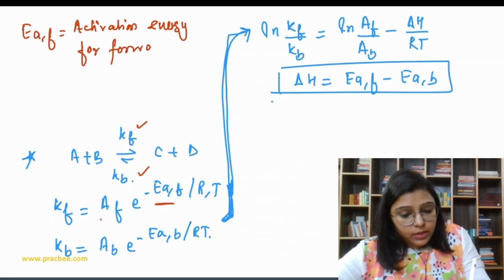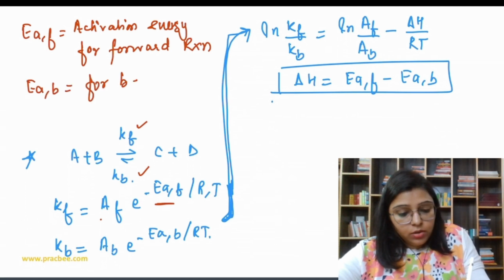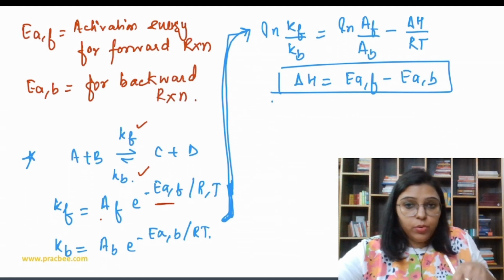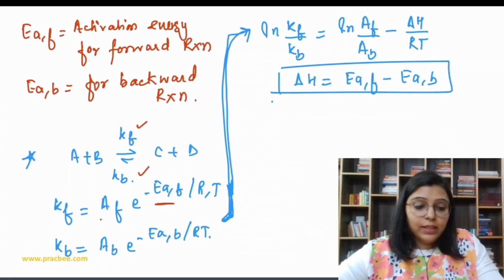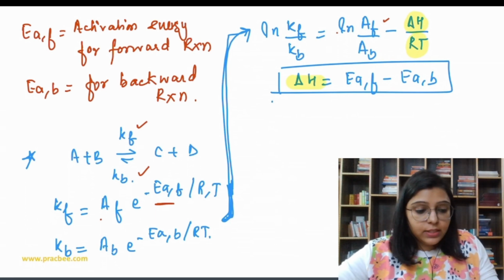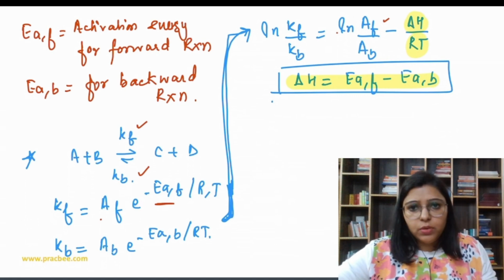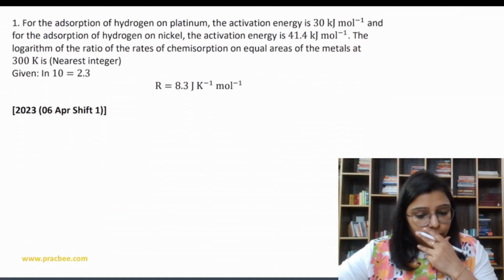Similarly, EaB is the activation energy for the backward reaction. I'm going to apply the Arrhenius equation over here. We can say ln Kf upon Kb is equal to ln Af upon Ab minus delta H over RT, where delta H is the activation energy of the forward reaction minus the activation energy of the backward reaction. So we are going to use these formulas over here. Let's solve question number 1.